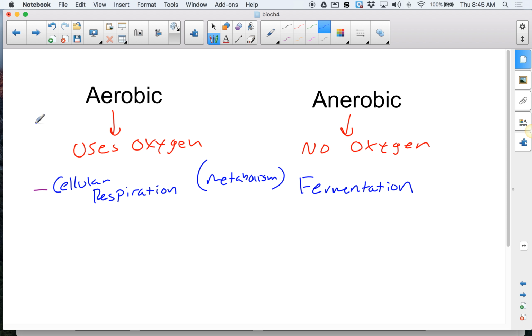Metabolism just means breaking down food and getting energy. Okay? So cellular respiration is an aerobic type of metabolism, and fermentation is an anaerobic type of metabolism.